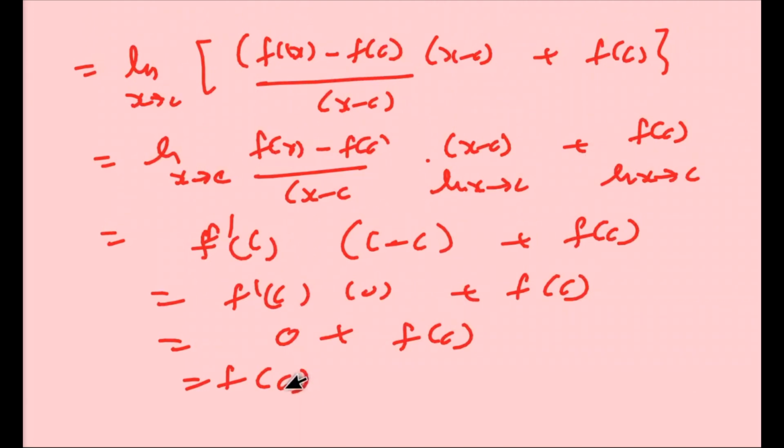So we can say f(x) is continuous at x equal to c. So if the function is differentiable, then the function is continuous also. But the converse is not true.